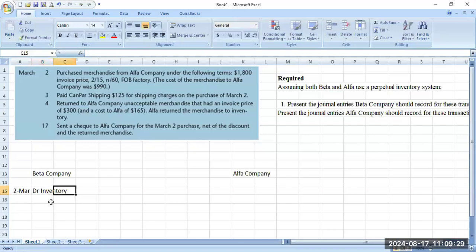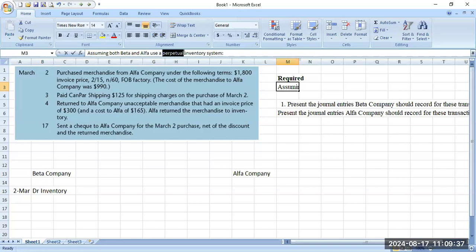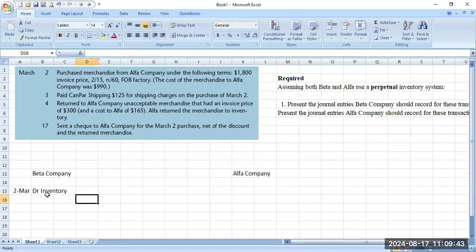Since both companies use the perpetual inventory system, everything goes to the inventory account. We're not dealing with purchases, we're not dealing with anything else. So debit inventory for $1,800. We do some adjustments here to the amounts.